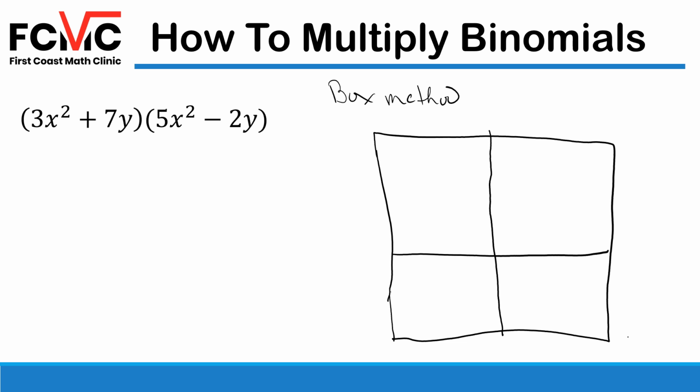All right, so I'm going to start with up here. That's going to be my 3x squared. And then right here, that's got to be my positive 7y.